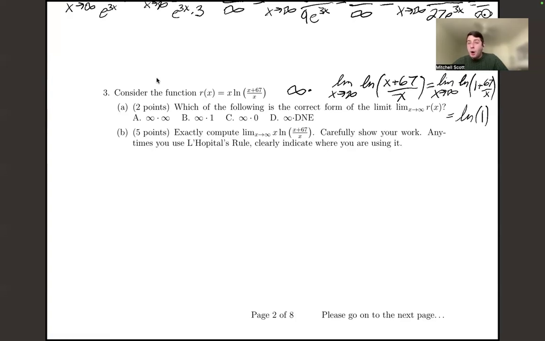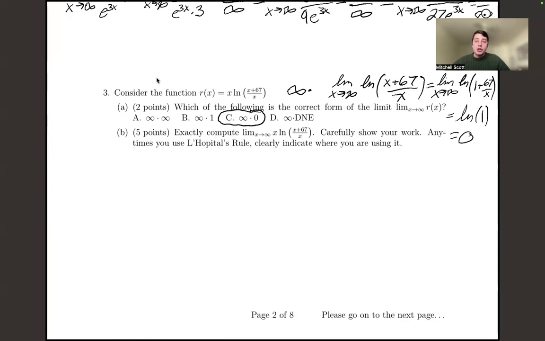But ln of 1 is one of those things that we absolutely need to know, and in fact, it equals 0. So after all of this computation, I was able to see that this is a 0 times infinity limit. Because as x gets very, very big, this gets very, very close to 1, and ln of 1 is 0.